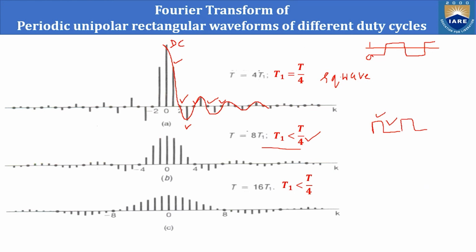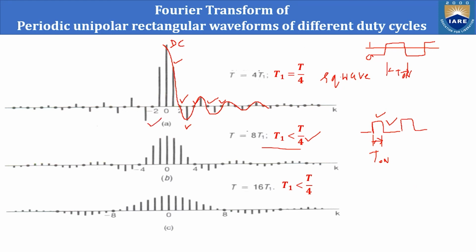Because the pulse width has come down, this T on is smaller compared to the square wave which I explained previously, in figure A.